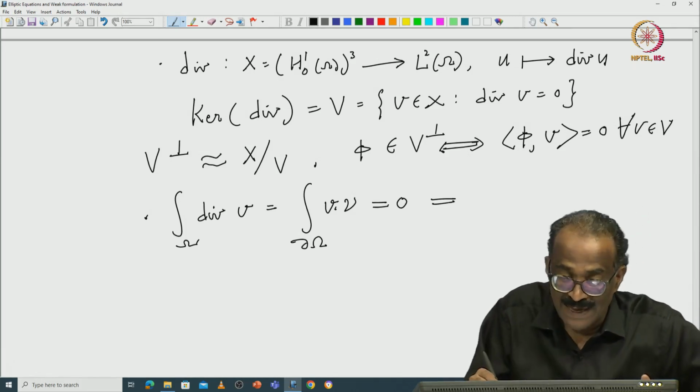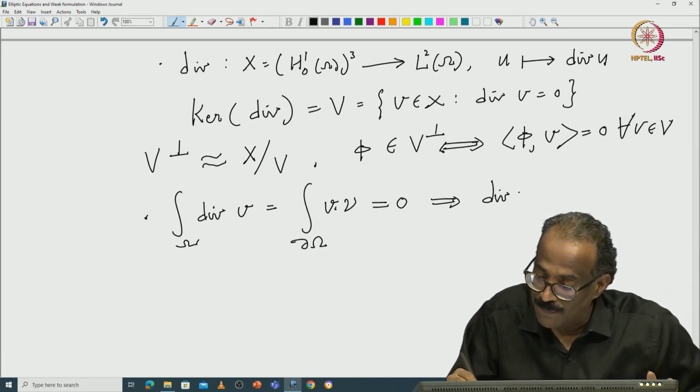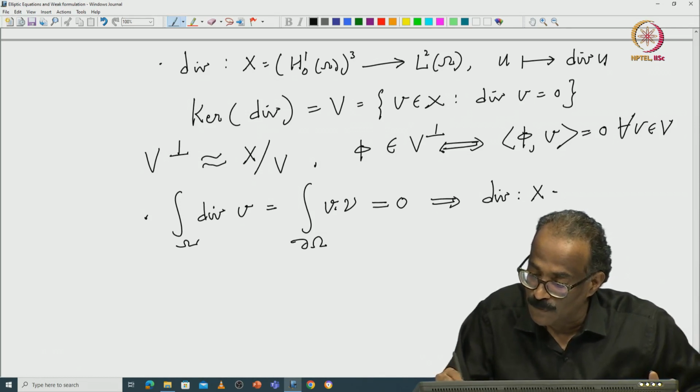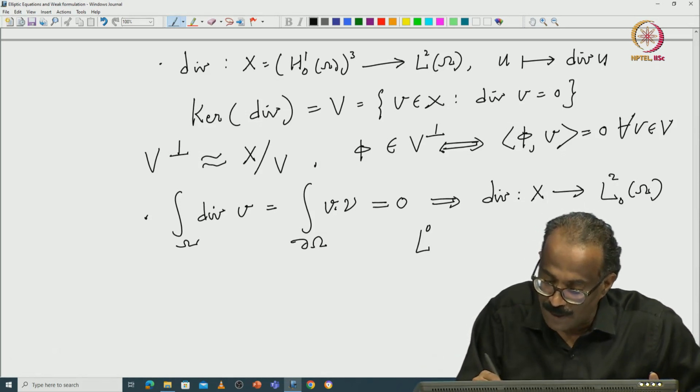This implies actually div is a map from X to L2 0 of omega. And what is L2 0 of omega?